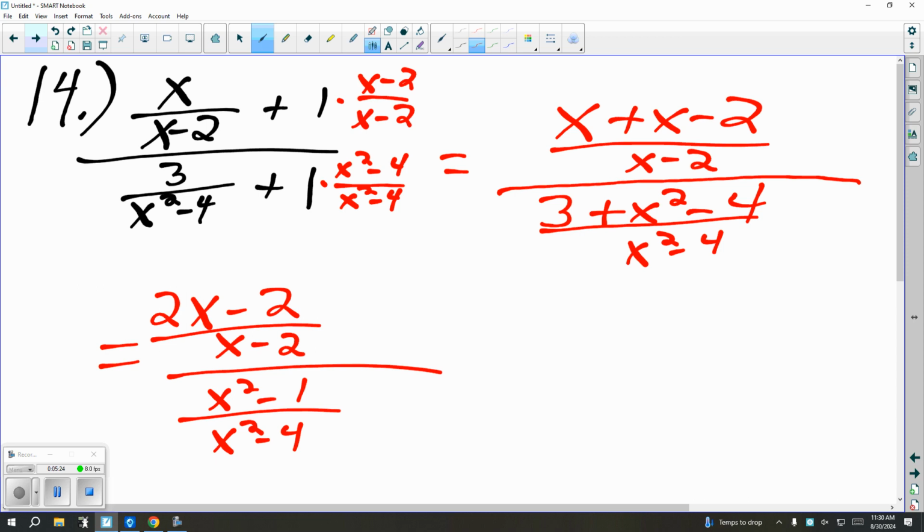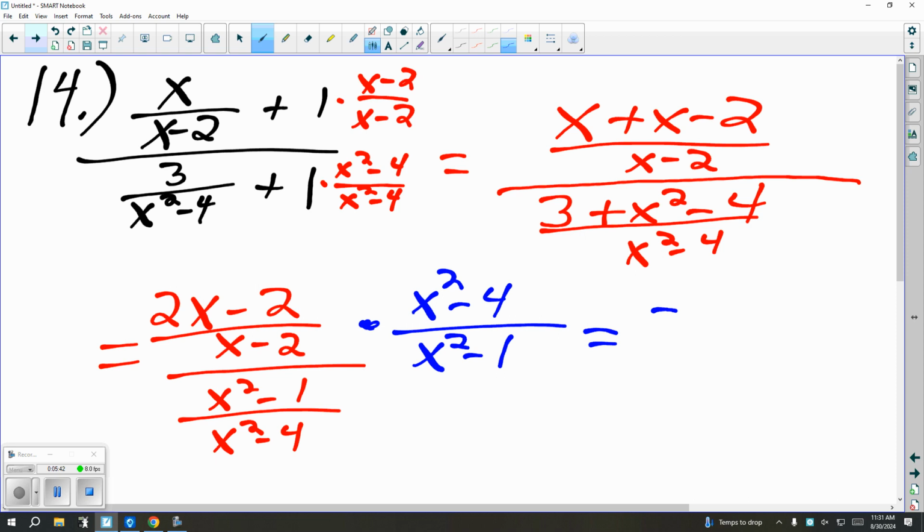And then remember, I'm dividing by a fraction, which is the same as multiplying by its reciprocal. Like that. So now I'm going to factor out a 2. Oh, wait.